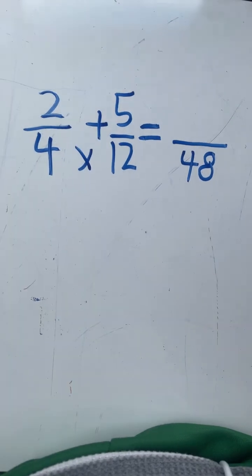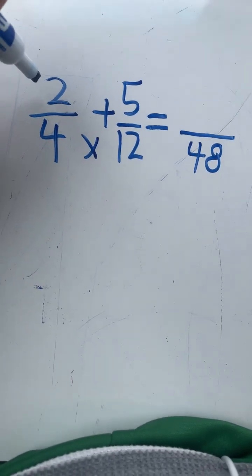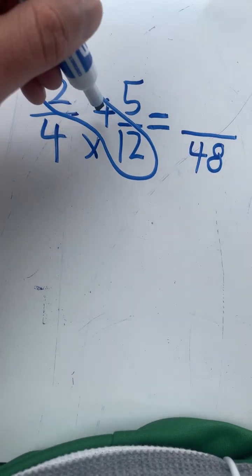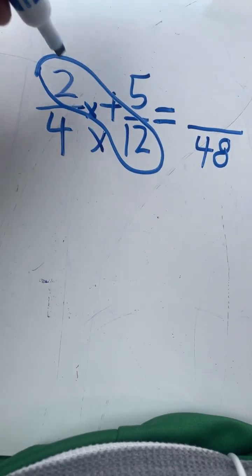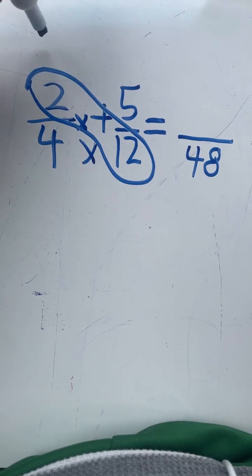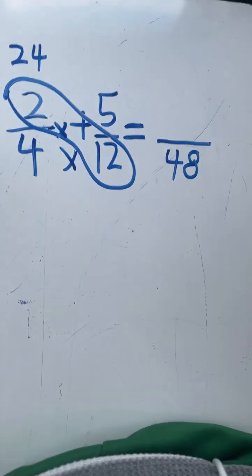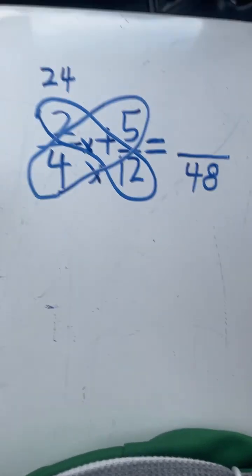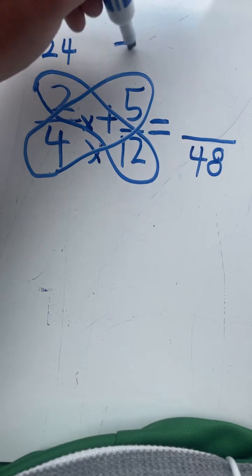Now to find our new numerators, we multiply each numerator times the opposite denominator. So we're going to multiply 2 times 12. 2 times 12 equals 24. 4 times 5 equals 20.